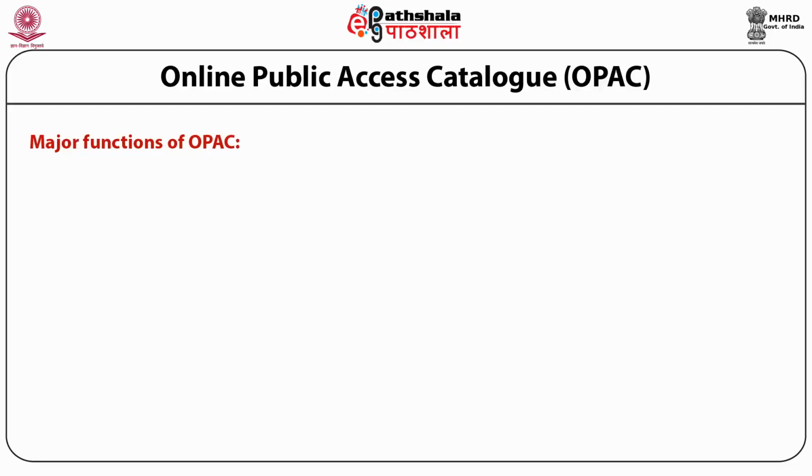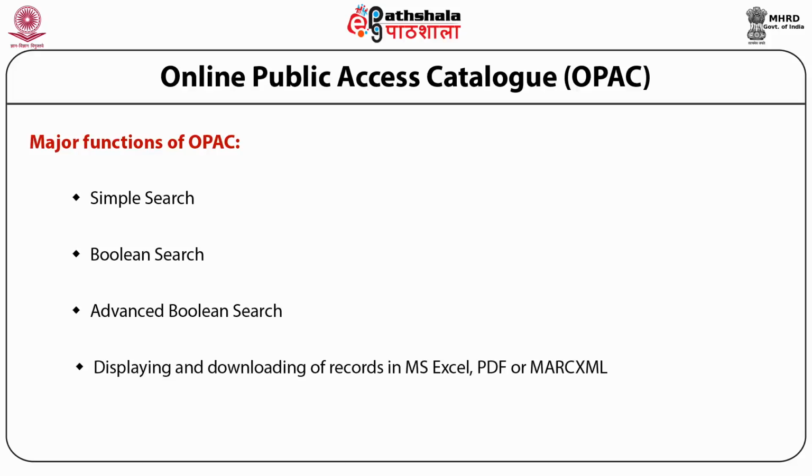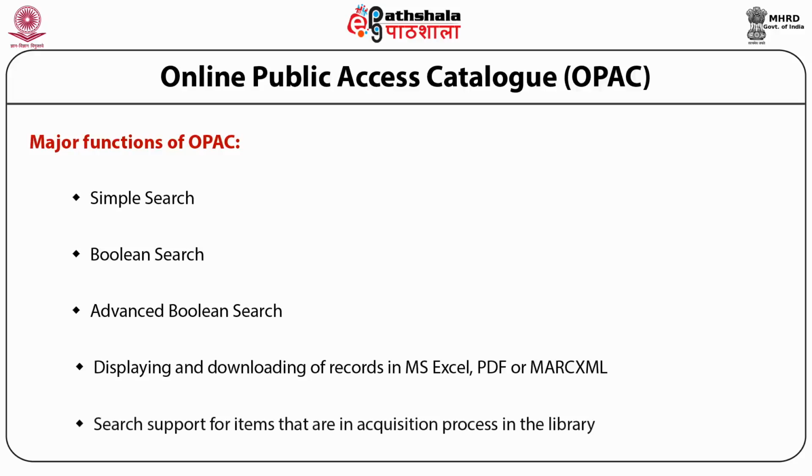Major functions provided in this module are simple search, Boolean search, advanced Boolean search, displaying and downloading of records in MS Excel, PDF or MARC XML, and also search support for the items that are in the acquisition process in the library.